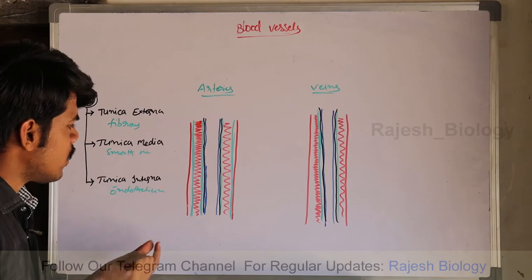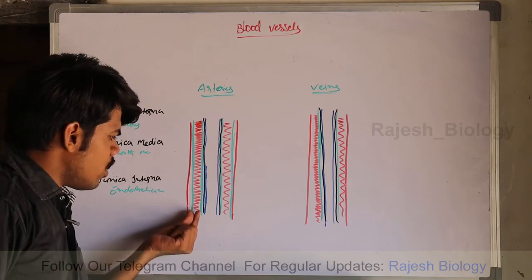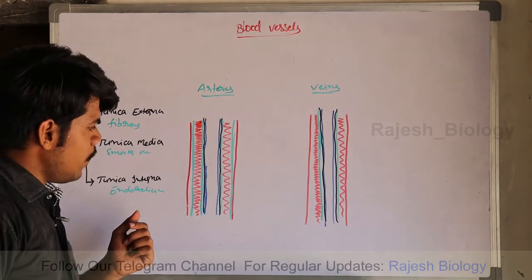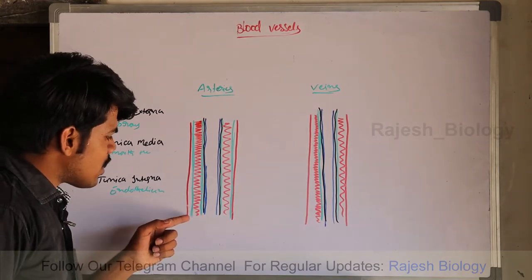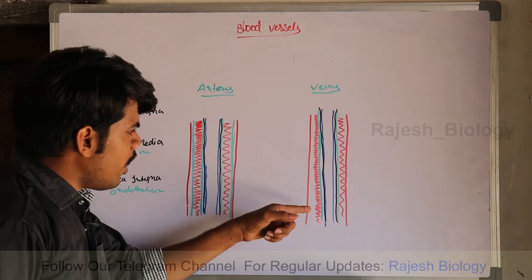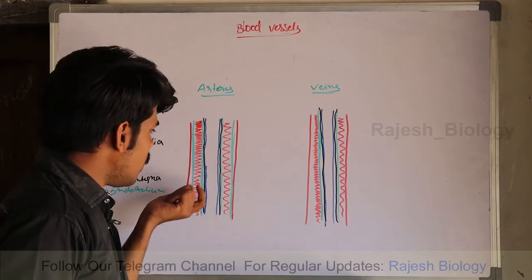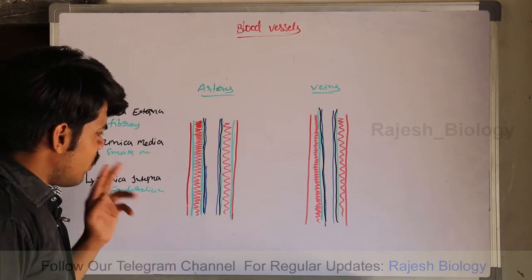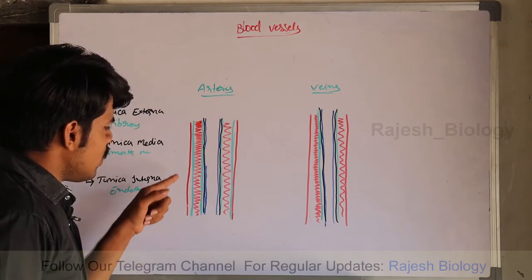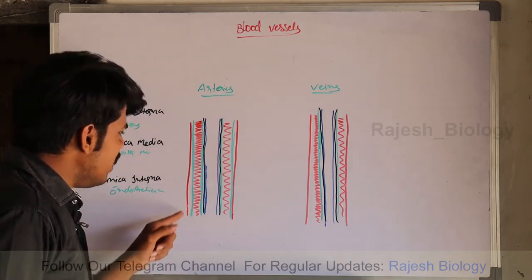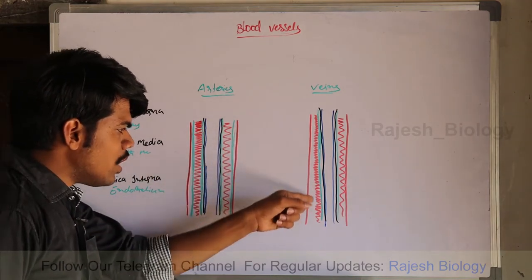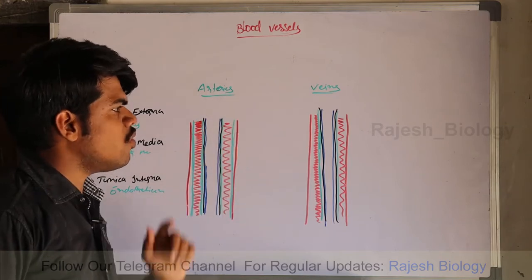So what are the differences? The arteries' walls are thick when compared with the veins, because of two elastic laminas, and the vein walls are thin when compared with the arteries because of only one elastic lamina. And the very important point is the tunica media is thick in arteries and tunica media is thin in veins.